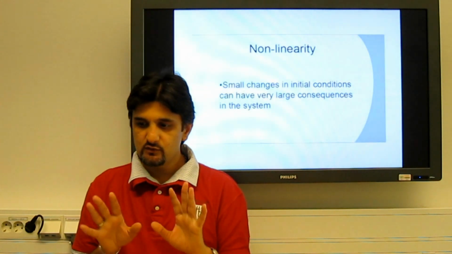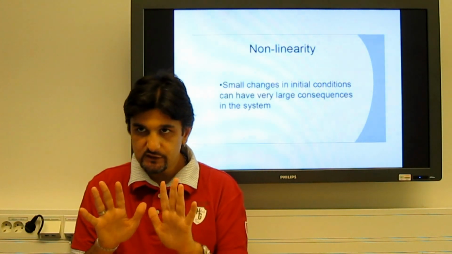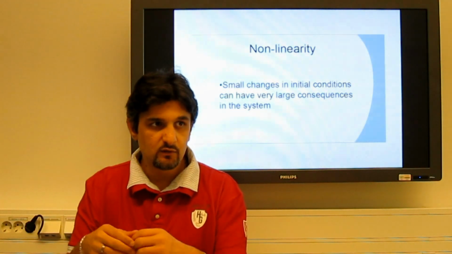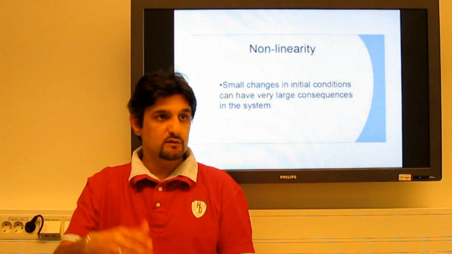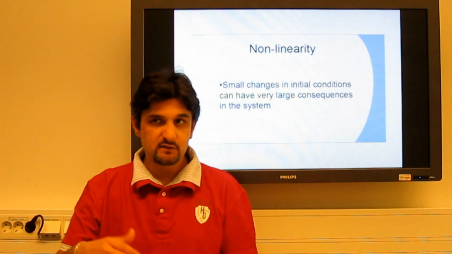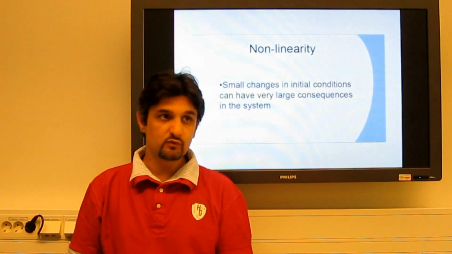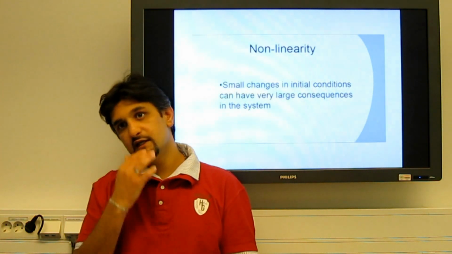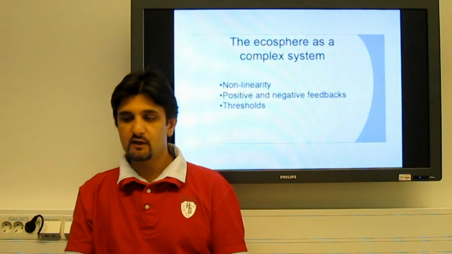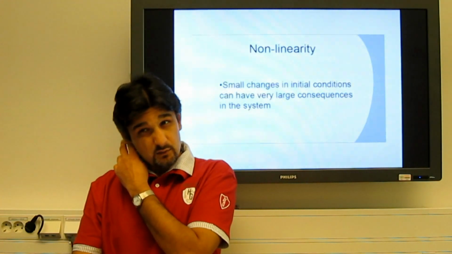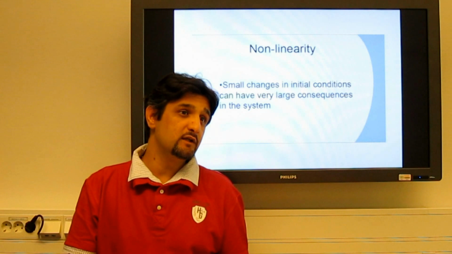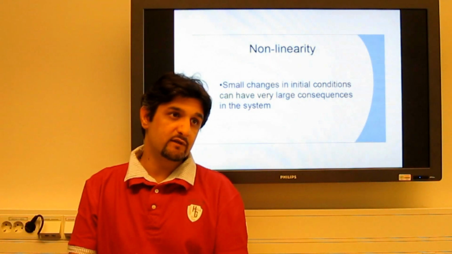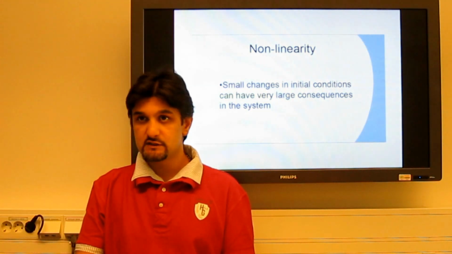If you make some change in the initial condition and push the car, there are some consequences after that. It means that the car will start moving. So the connections between the items in the ecosphere are complex, and most of them are non-linear. So non-linearity is the item that we need to consider in our analysis.